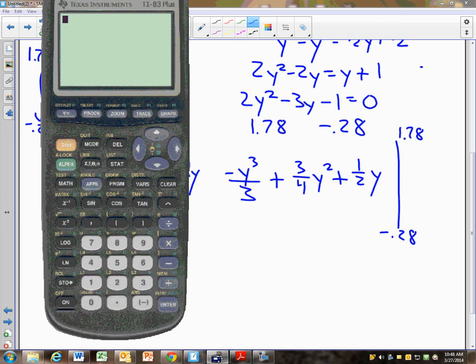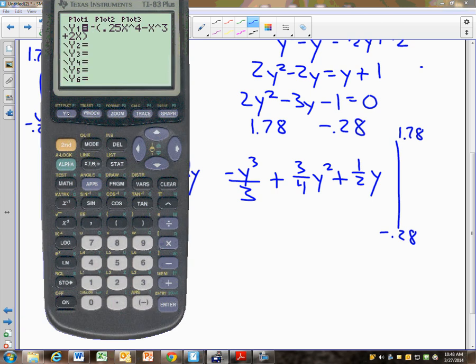We're going to have to use our calculator anyway because we've got a decimal. So let's go ahead. We've got -0.333, and I know you can't graph a y. That's okay. Just plug in as x and you can get the same thing. Plus 0.75x squared plus 0.5x.